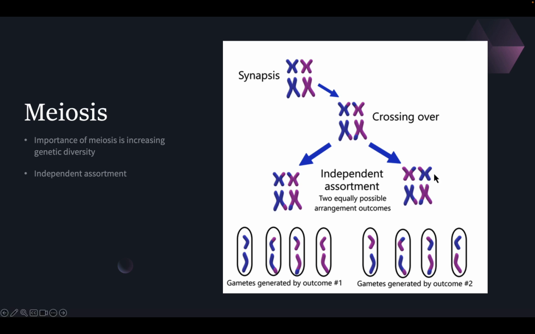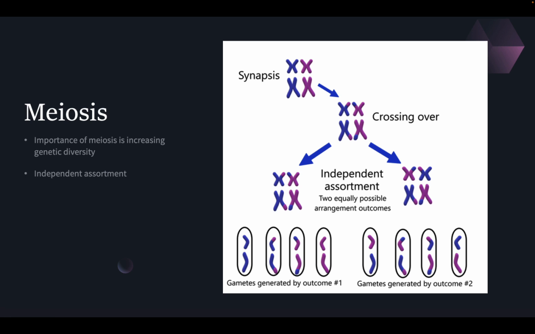Or dad's chromosome 1 with mom's chromosome 2. So it doesn't matter which parent the chromosome came from, your gametes need a copy of chromosome 1 and a copy of chromosome 2. Doesn't matter if it's from mom, doesn't matter if it's from dad, doesn't matter if it's got a little mix and match from crossing over. All of these probabilities, they're all equally likely.